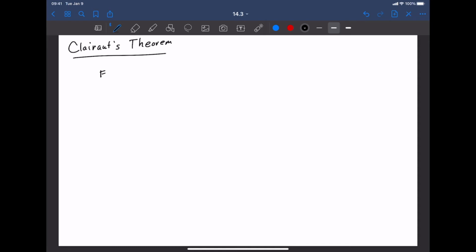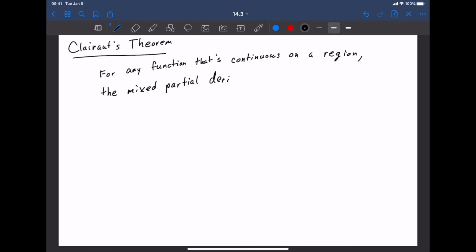It says, for any function that's continuous on a region, the mixed partial derivatives are equal. It's technically if they are continuous.